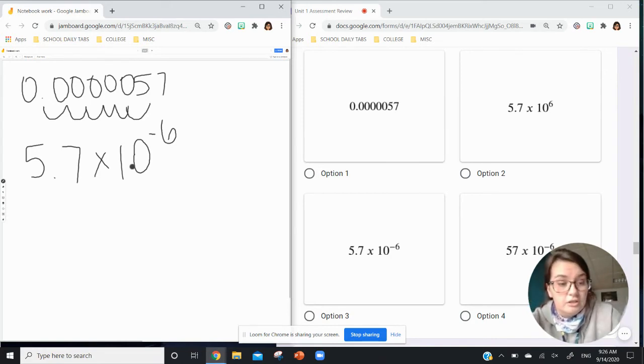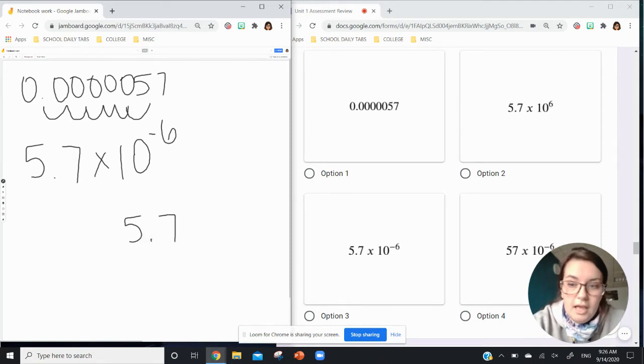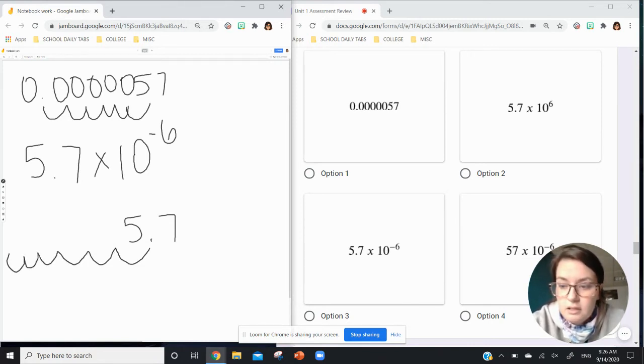If you're not sure when it comes test time to get to this, you can actually take your answer and go backwards to see if it's the same as what the question stated. So I know that it's 5.7. And then I've got to move it to the left 6. So 1, 2, 3, 4, 5, 6.